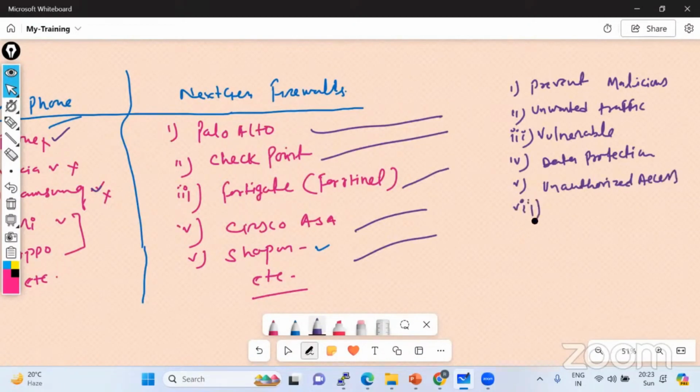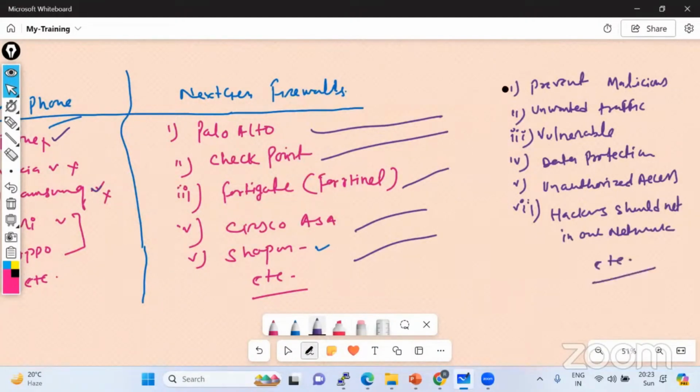We have a lot of features in firewalls. They also protect so that no hacker gets into our network. So we have a lot of features. I'm just giving the overview. These are the key things that a firewall is going to protect.